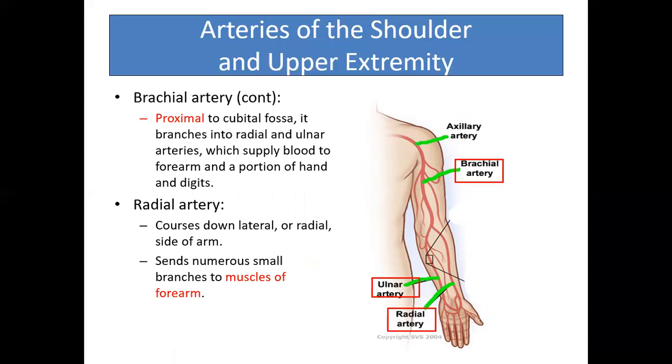The brachial artery, proximal to the cubital fossa, further branches into the radial artery and also the ulnar artery that supply blood to the forearm, a portion of the hand, and also the digits. The radial artery courses down on the lateral, radial side of the arm, and it sends numerous small branches to the muscles of the forearm. This is the radial artery.